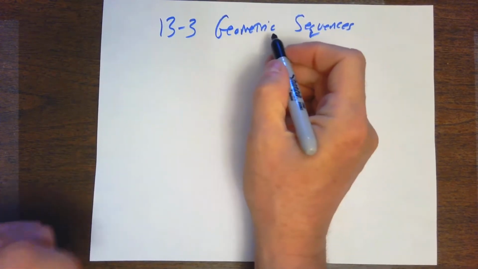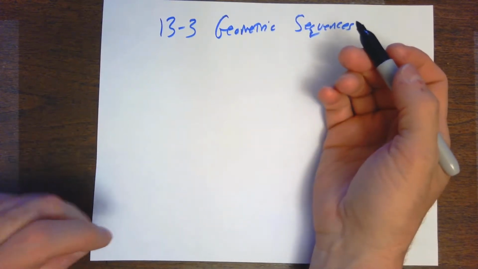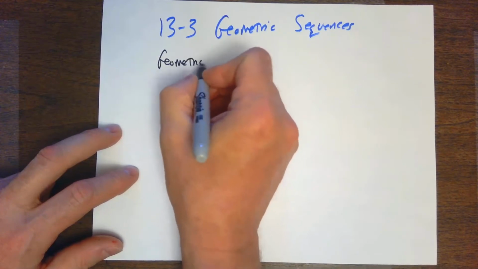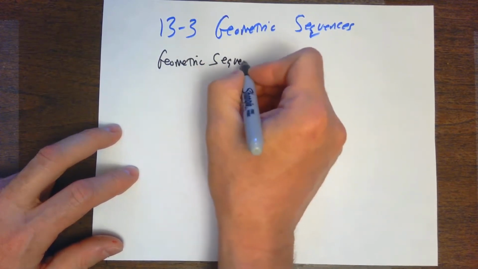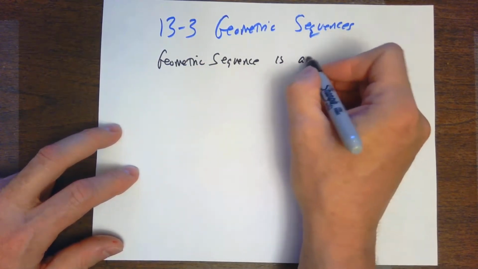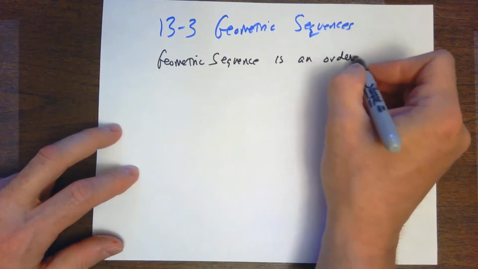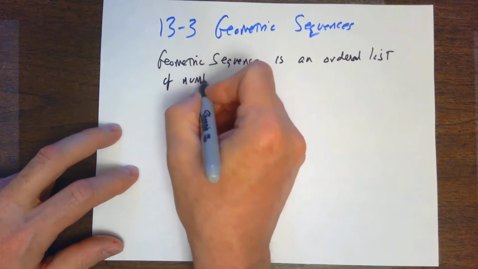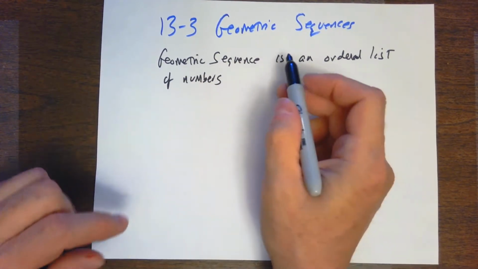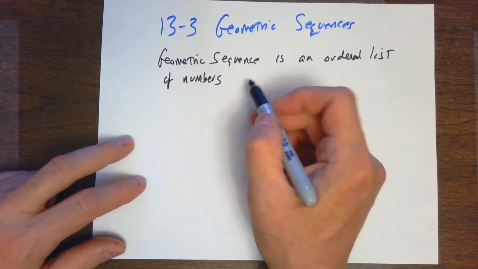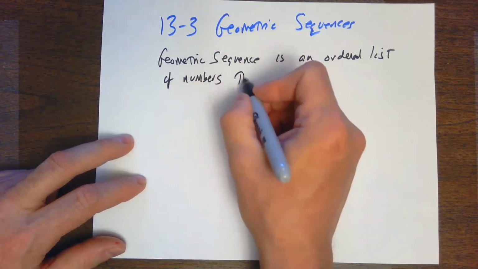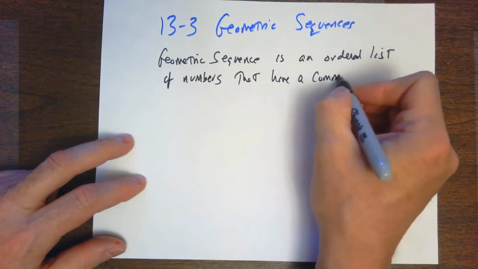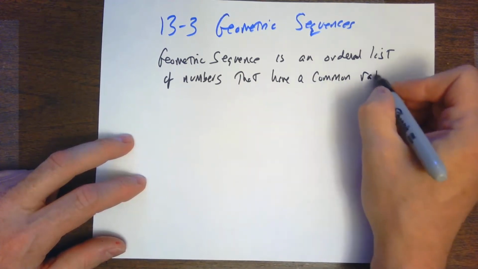So a geometric sequence is a special sequence. It's a different type. So a geometric sequence is an ordered list of numbers. Now, arithmetic had a common difference, here they have a common ratio.